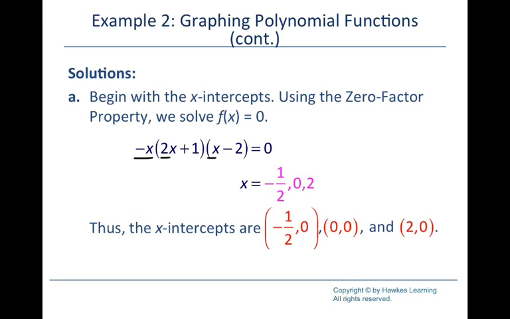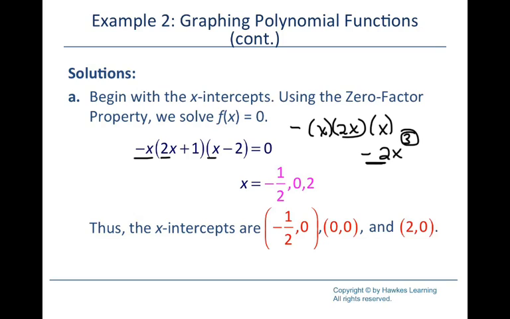So negative x times 2x times x is going to equal negative 2x cubed. And so that would be our leading term. Our leading coefficient is negative, and our highest power of x is cubed, so it's odd. It's an odd degree with a negative coefficient.